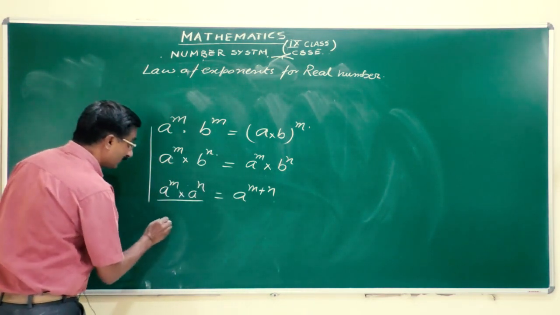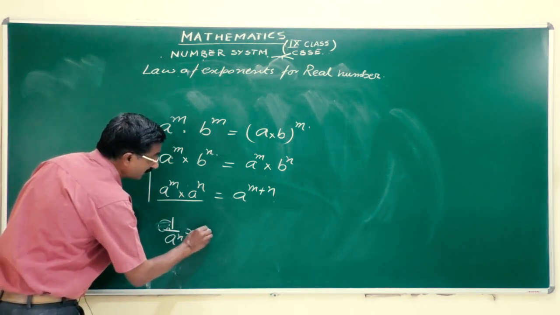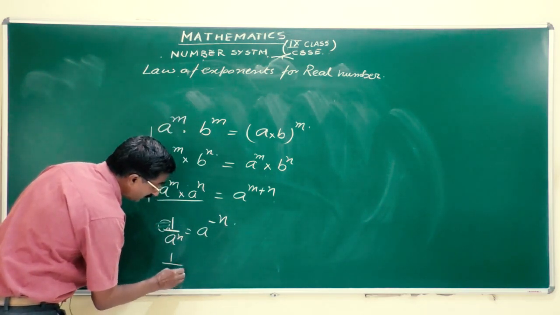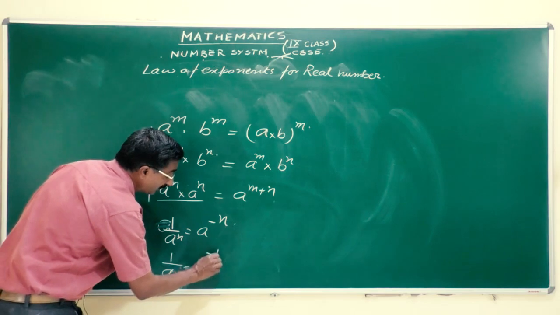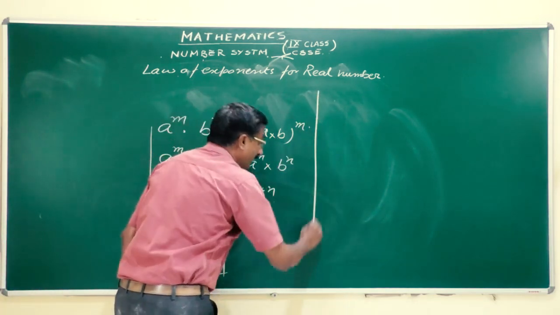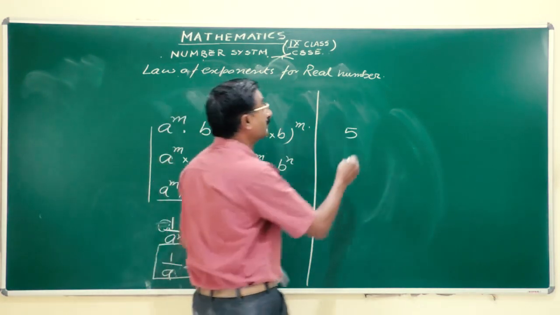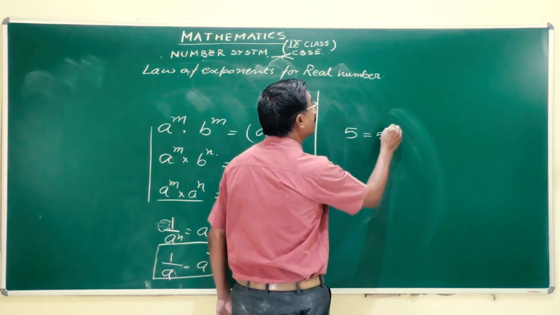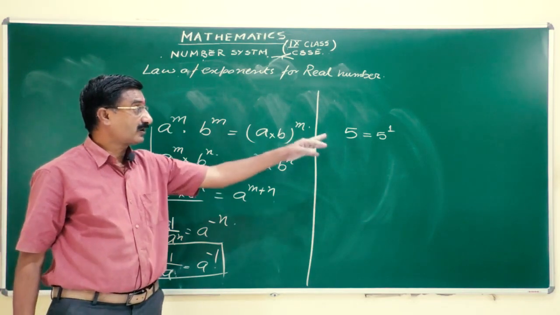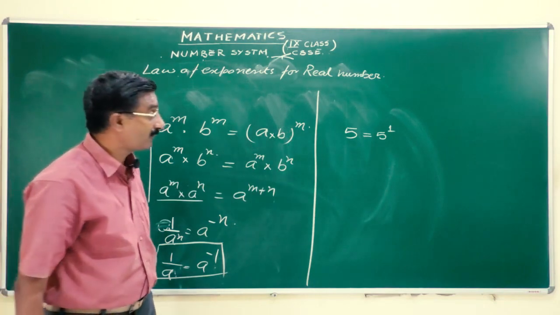So 1 upon a raised to the power n is equal to a raised to the power minus n. 1 upon a is equal to a raised to the power minus 1. If the power is not written, that is, if only 5 is written, it means 5 raised to the power 1. Clear? Because when the power is 1, it is simply written as 5, so it means 5 raised to the power 1.